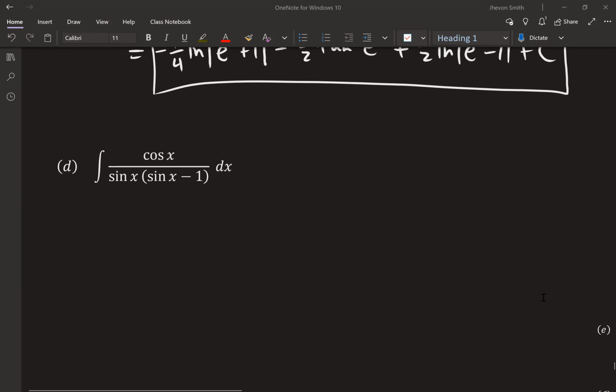All right, go. This is all you. This integral, cosine x divided by sine x times sine x minus 1 in the denominator. What do we have? I broke up the fraction into a over sine x plus b over sine x minus 1.